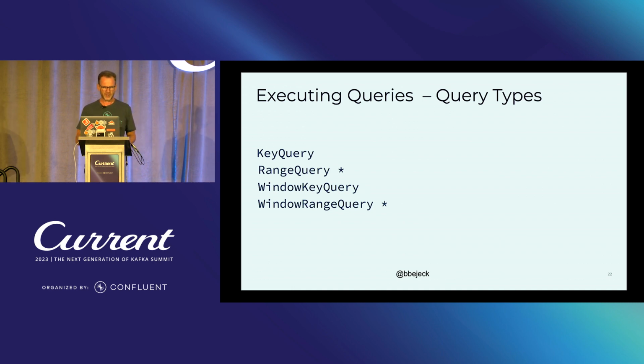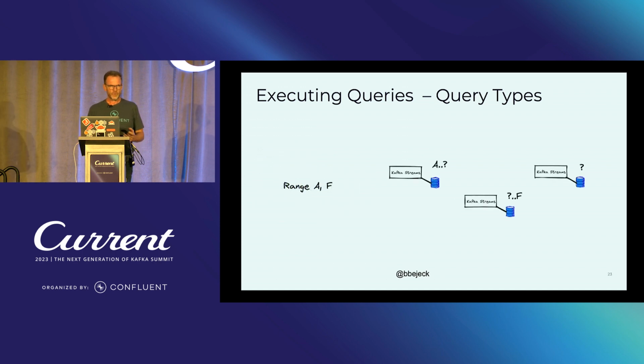Now the range query variants, I have an asterisk there because Kafka Streams by default does hash partitioning. So you're doing a range, you want to get all the records between key, your lower bound is A, your upper bound is F. You want the full range. But since it's hash partitioning, we can determine, okay, A is on this host and the upper bound F is on this host, but everything in between we don't know because it's hash partitioning.